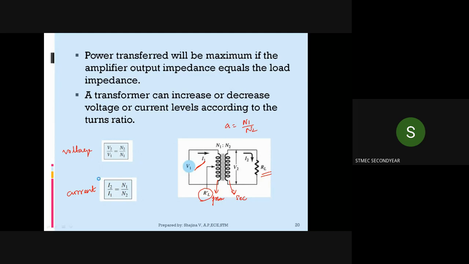Now, as we already taught, maximum power will transfer to the load if the output impedance is equal to the load impedance. Now we can get an expression for that.